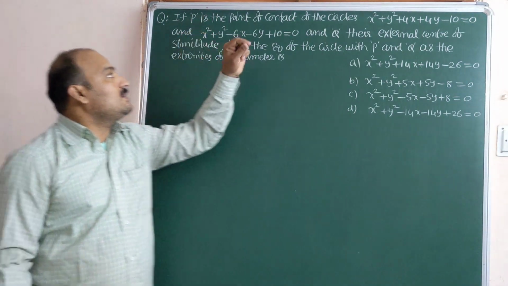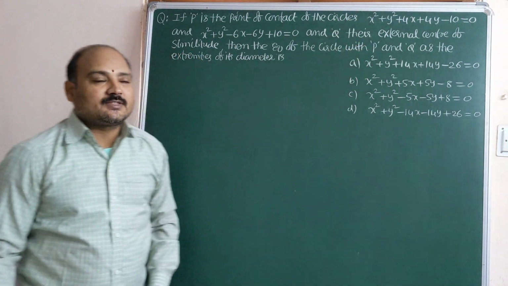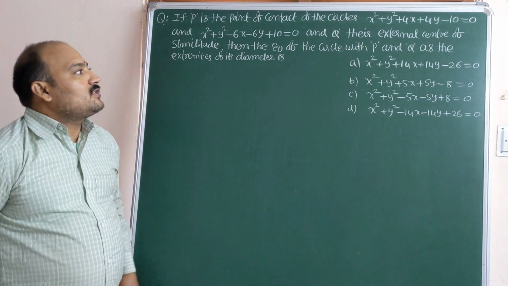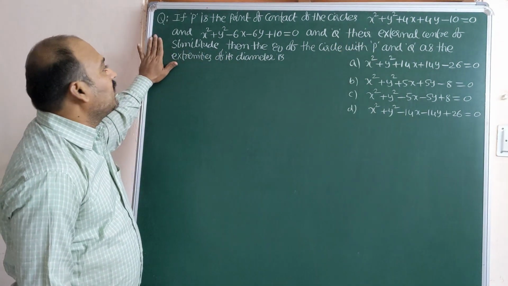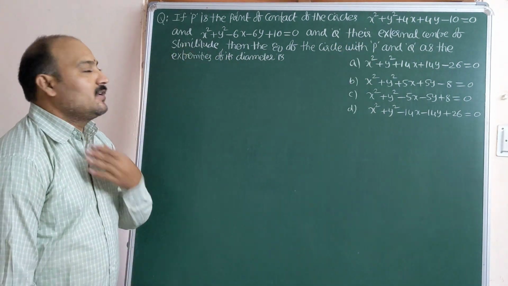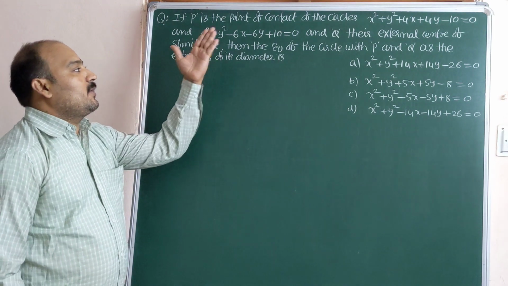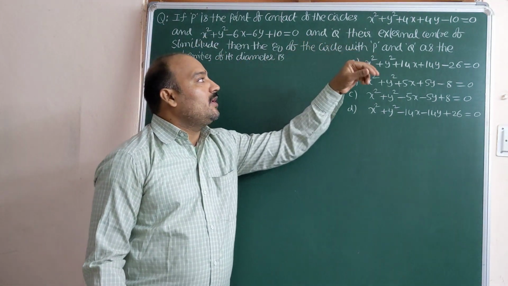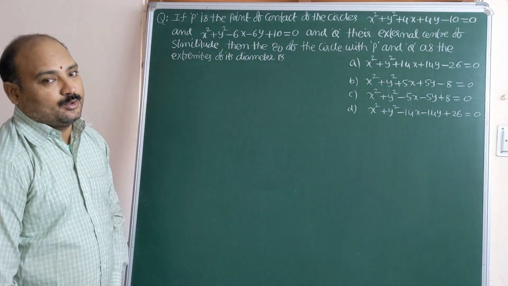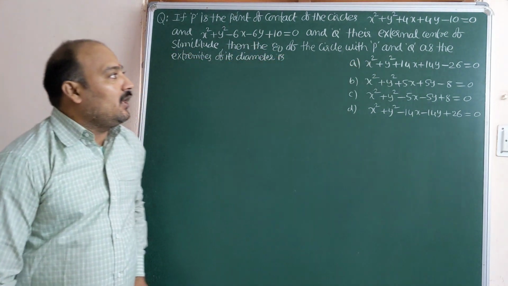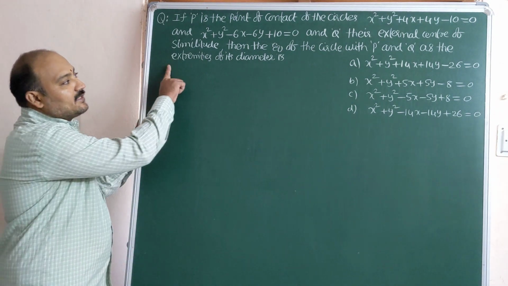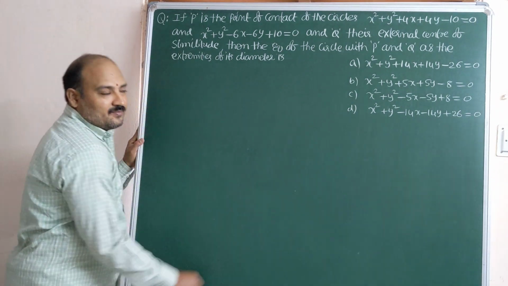If P is the point of contact of the circles x square plus y square plus 4x plus 4y minus 10 equal to 0 and x square plus y square minus 6x minus 6y plus 10 equal to 0, and Q is their external center of similitude, then find the equation of the circle with P and Q as the extremities of the diameter.